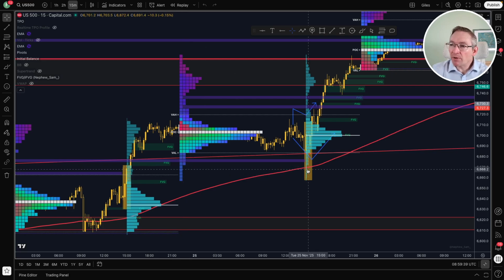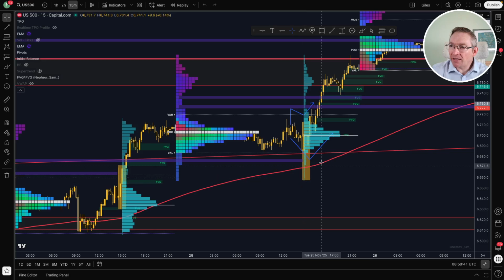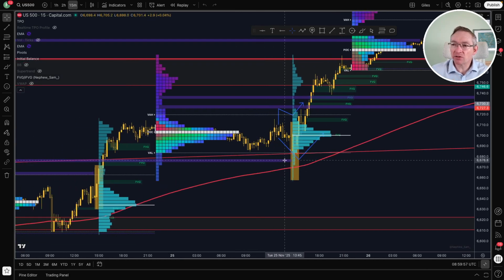And because price wasn't able to find acceptance down here, price moved back up and it just bounced back up to that 6,700. It returned back to fair value. So if price moves away from these areas and fails to find new value, there's a mean reversion tendency.